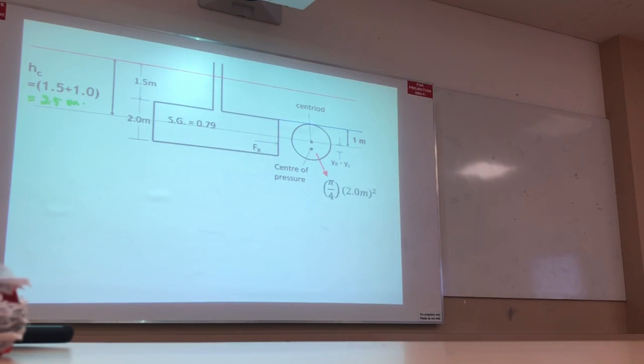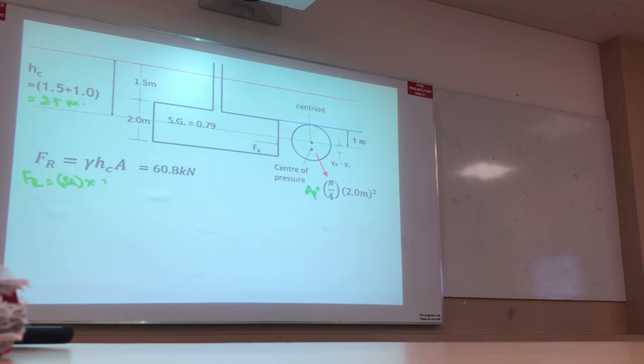Okay. So area is pi by 4 d square, right? This is the area. FR is rho g hc A. How do I get this? FR becomes specific gravity times 9800 for water, times 2.5, times area.